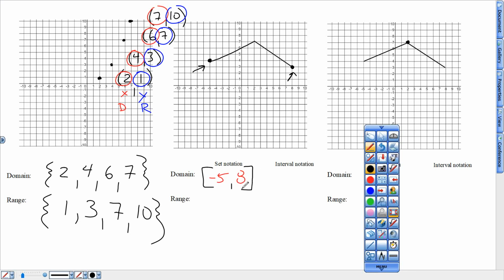If that dot was missing, I would have done a rounded bracket right there, but that dot is there, square bracket. Interval notation, always the X, and then always the inequalities go in this direction, but the only difference is sometimes they have that little line under there or sometimes they don't, but they always go that same direction.